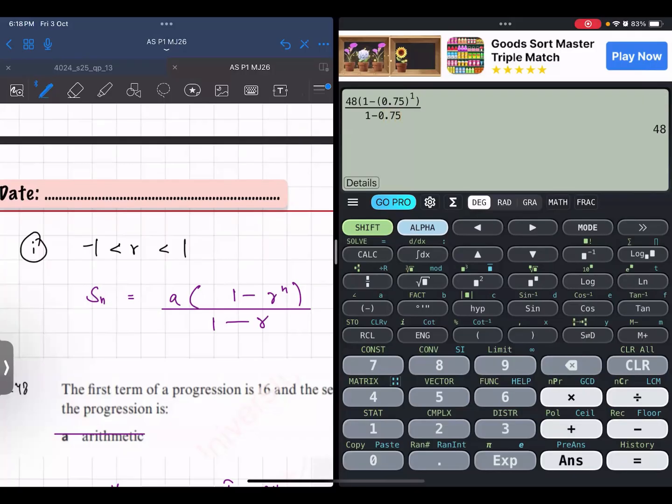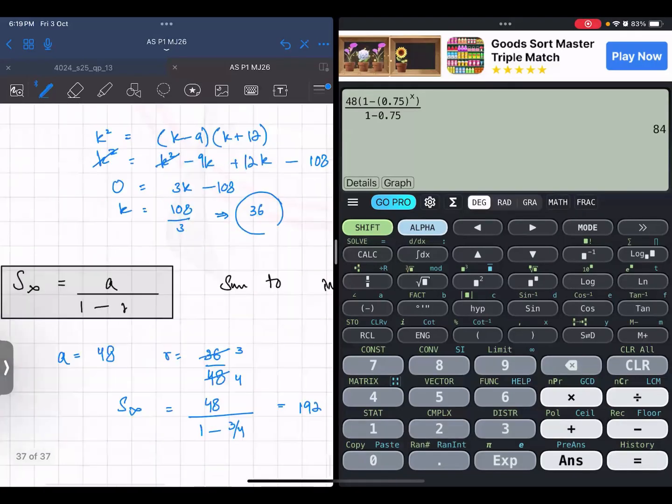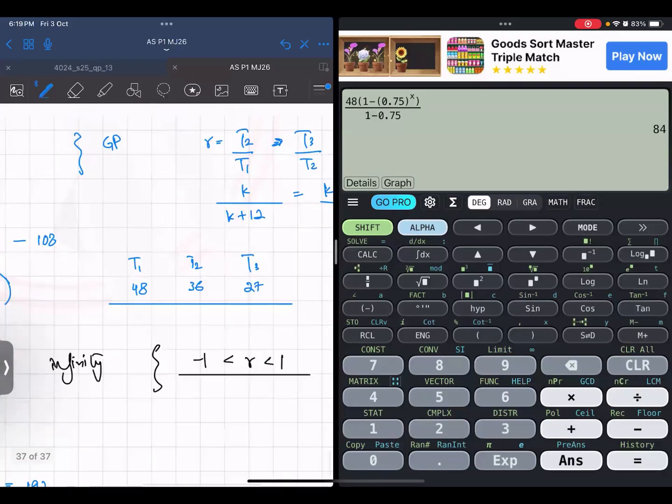If it is the first term, the sum is simply 48. Let me change the variable and put x over here. If x is 1, then your sum is 48. If x is 2, then you're adding up 48 plus 36, which is 84. If you take the first 3 terms, it is 48 plus 36 plus 27. If you take the first 4, it's just adding up the next term as well.